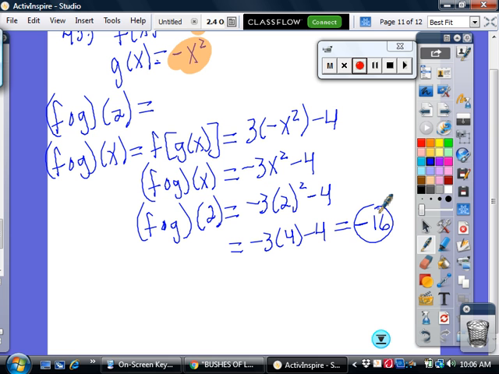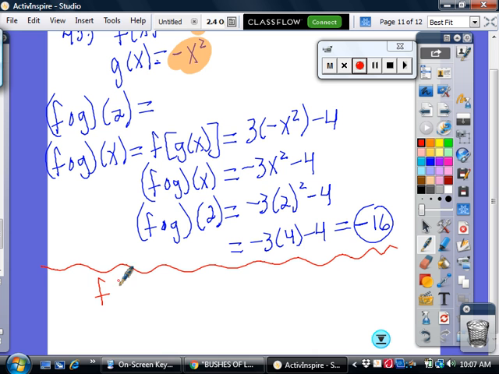Now these problems in your homework packet are like 35 through 38, where you have a number, and then 39 to 42 you have variables involved. Let me show you an alternate plan that you might like better. That one was just practicing doing the composition function f∘g.